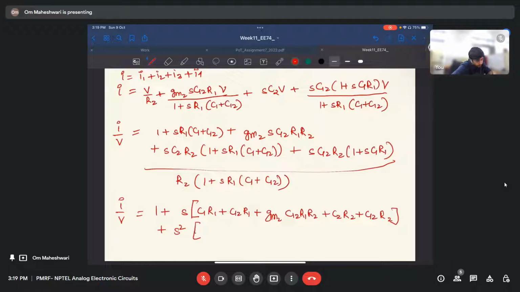Okay, yes. So S square terms, we will have two S square terms. Here this S and this S will multiply to give us one S square term, and here S and S square term will come here. Let me just write it completely as a whole: R1 R2 (C1 C2 plus C12 C2 plus C1 C12). So I've combined them both together, but yes, these will be the S square terms.